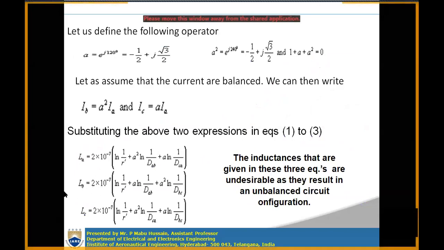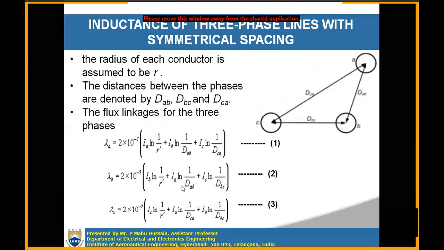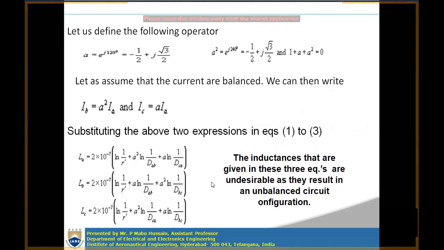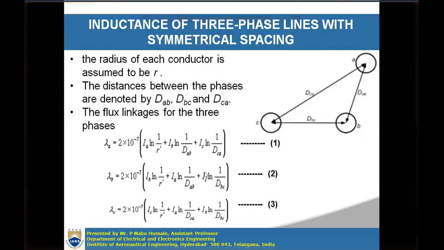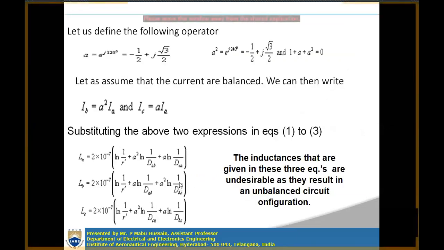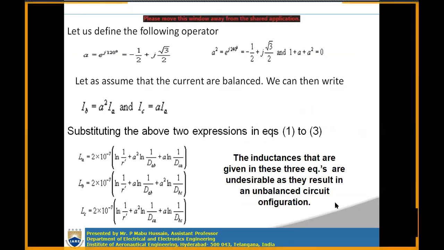That IB will be coming to this side, right? 2 into 10 power minus 7 ln 1 by R dash plus A into ln 1 by DAB here, where you got A here, right? Here you got A into ln 1 by DAB plus, next term A square into ln 1 by DBC. Okay, so like this, from these equations itself, you have to develop the equations.